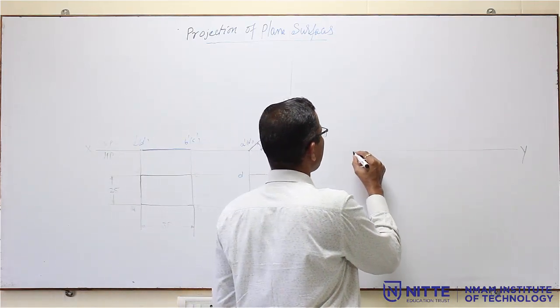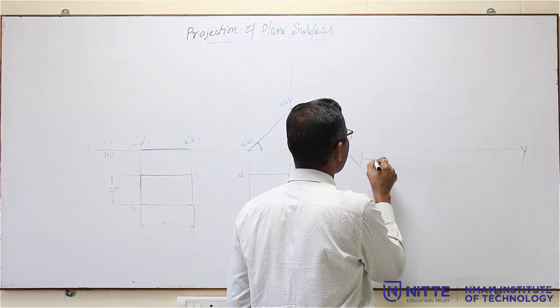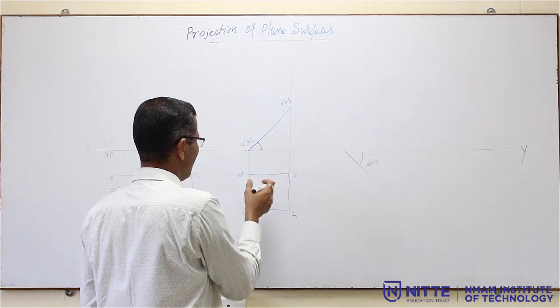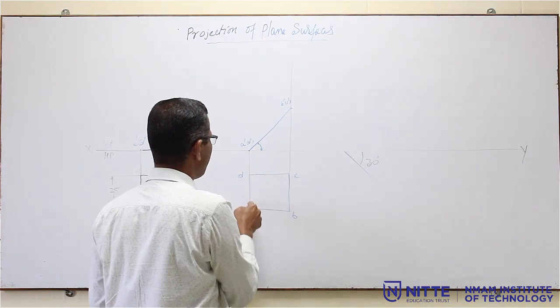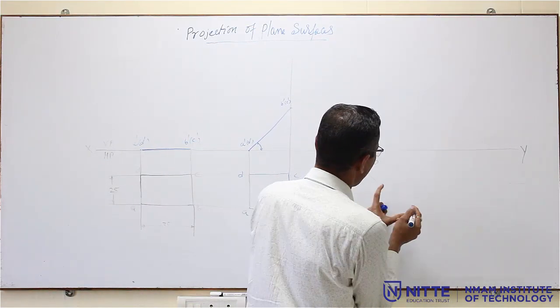Now, here you draw a 30 degree line. This is the 30 degree light line. Then copy this square, so that this AD is on the 30 degree line. So, the same square you have to copy.